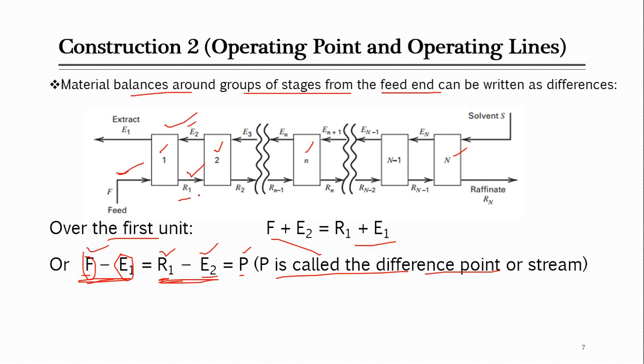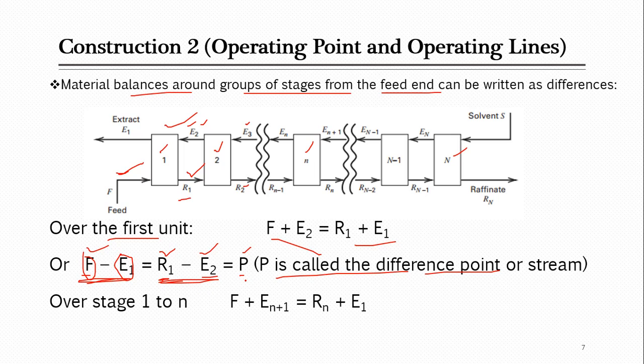That's the easy one, it will be R1 plus E3, these two are entering, so input is R1 plus E3, that will be equal to outlet, that will be E2 plus R2, these two are leaving. Then you will rearrange again in the form of something rich in the carrier minus something rich in extract. So you can rearrange them and they will also be equal to P.